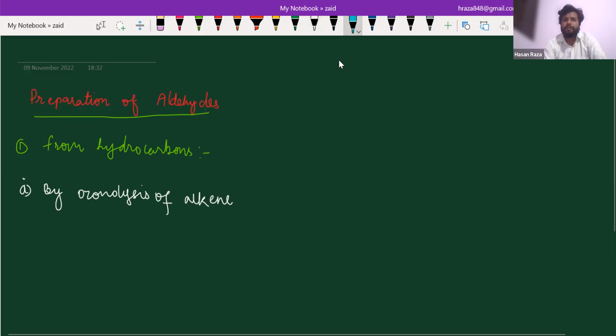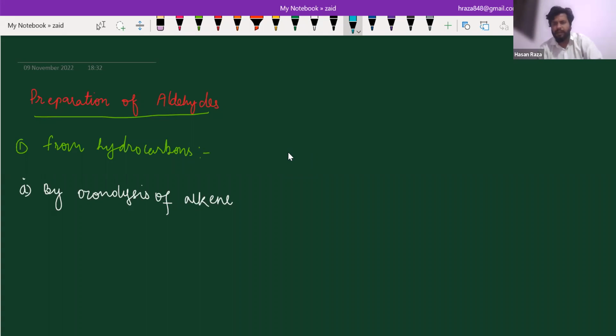So see what it is. It's very easy. Ozonolysis means you are going to react the alkene with ozone, that means O3, and then react it with Zn/H2O, and you will get either an aldehyde or you can also get a ketone.